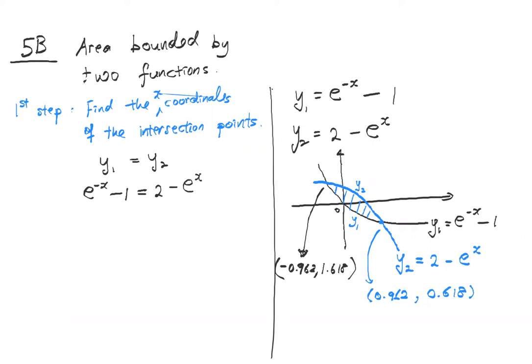Zero idea. Okay. e to the power of negative x is 1 over e to the power of x, correct? So what do you do?